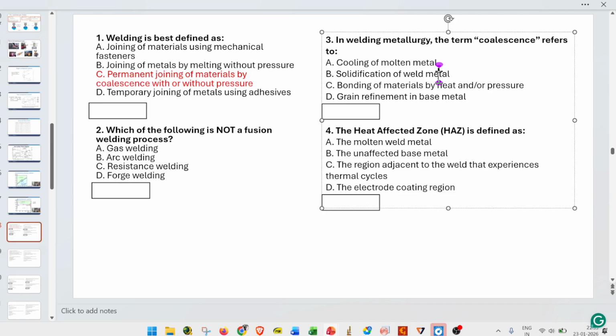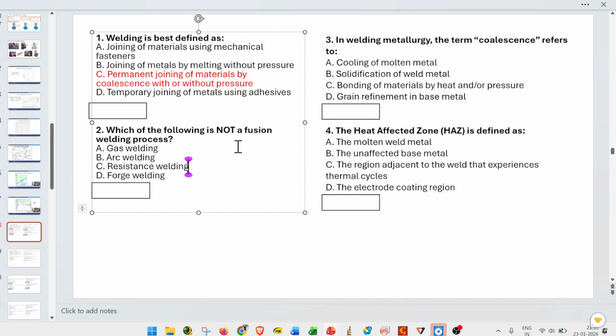So next: which of the following is not a fusion welding process? First, what do we mean by fusion welding? Fusion welding is where we use heat to join the two materials.